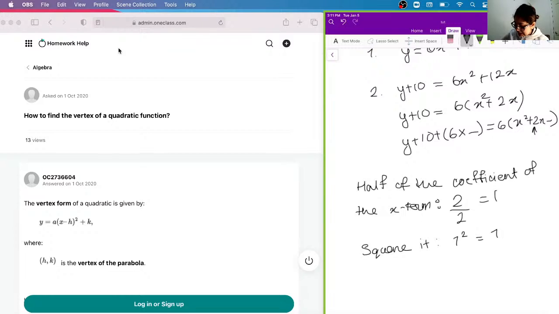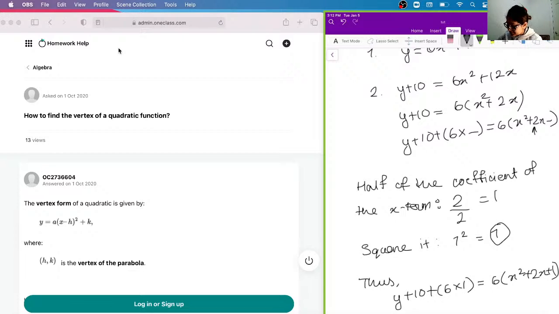So hence you can say, let's say that y plus 10 plus 6 times 1 is equal to 6 times x squared plus 2x plus 1. In this case, it's plus 1 since our value here is positive.